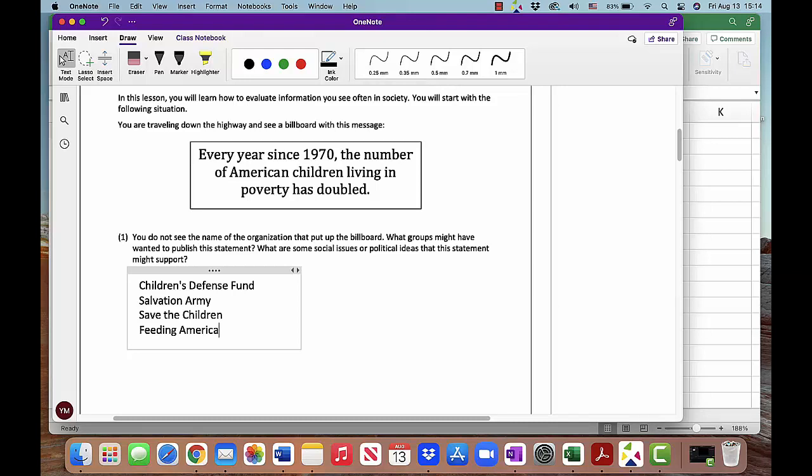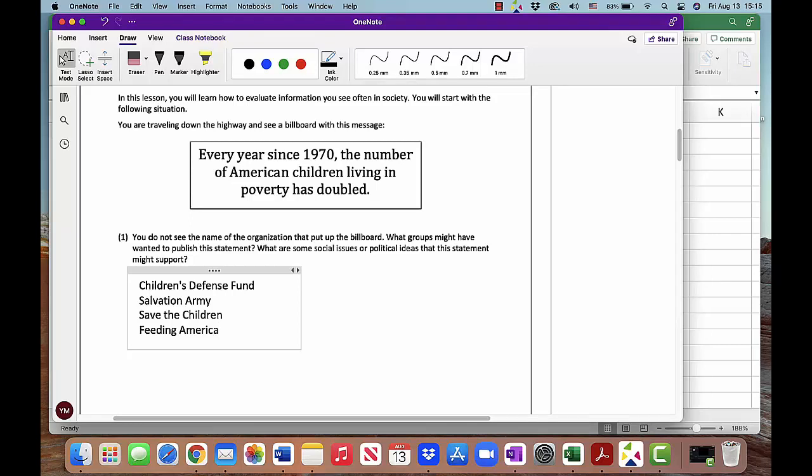One thing that I want you to note in this statement is that we are talking about American children, and we're talking about poverty in the United States. Even though the United States is the most prosperous nation on earth, poverty, hunger, and homelessness are real.